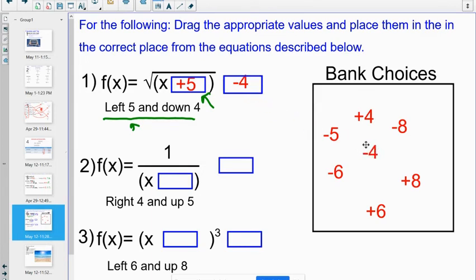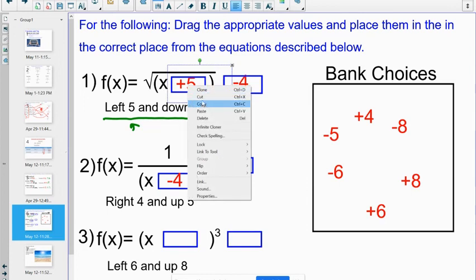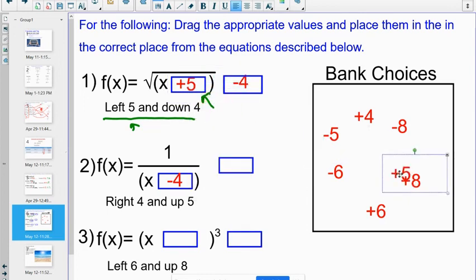Slide that back over. We're going to have to use that again. Since it's right 4, it's minus 4. I have to duplicate this again too. I should have done more. Sorry, guys. And then since we're going up 5, that's plus. So we're going right 4 and up 5.